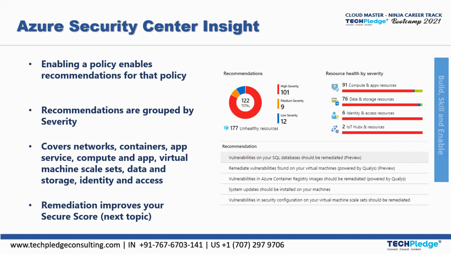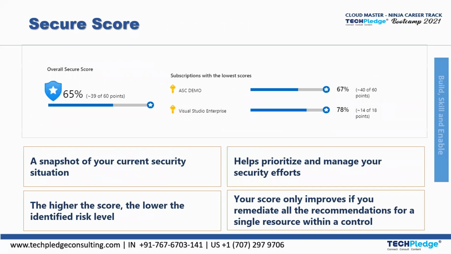Then it gives you a secure score, with remediation to improve it. Like if there is any loophole or if there are many public IP addresses, many front door open IPs, it will give you a recommendation to close those networks, close those subnets.